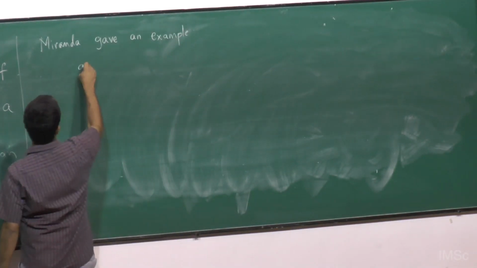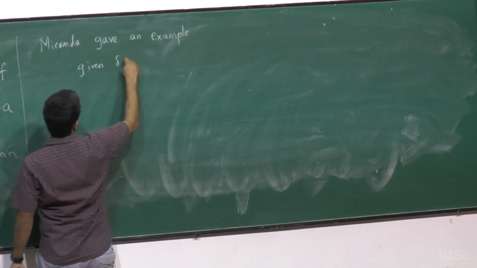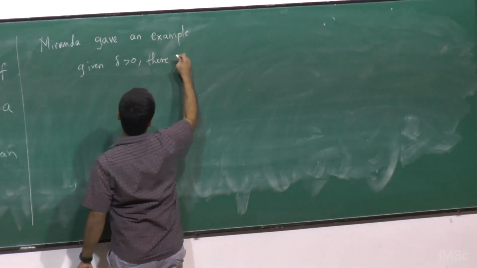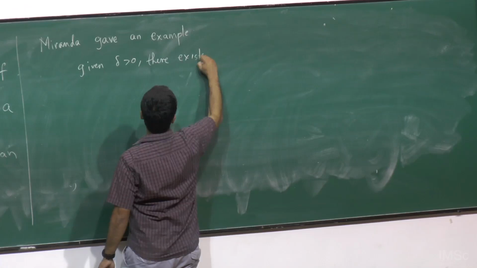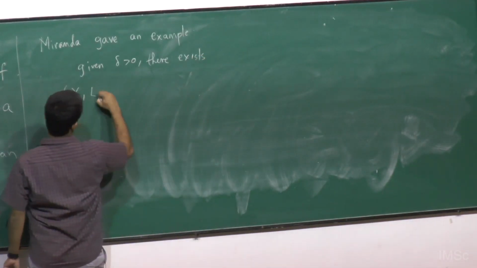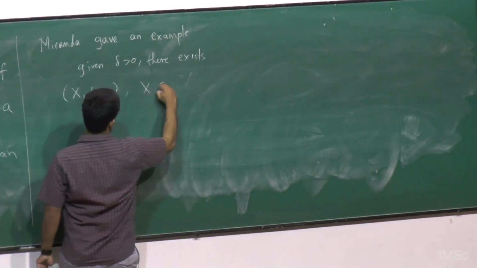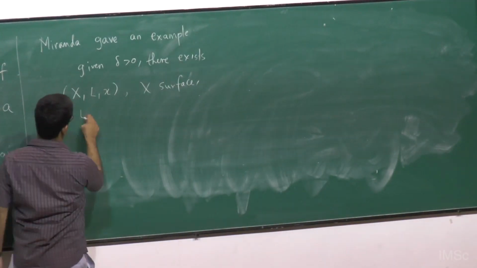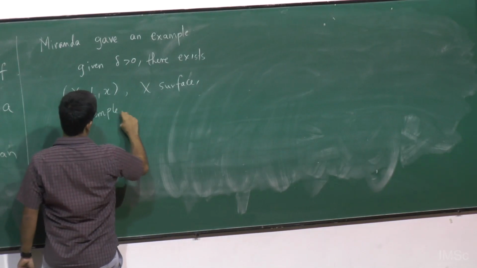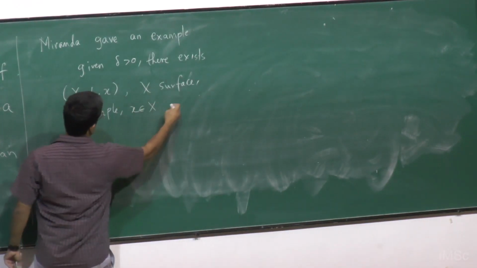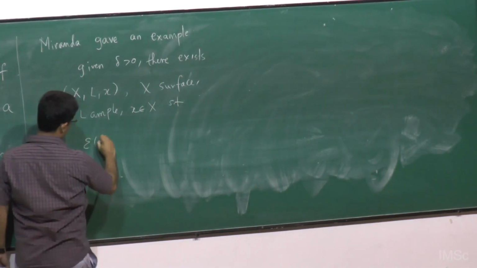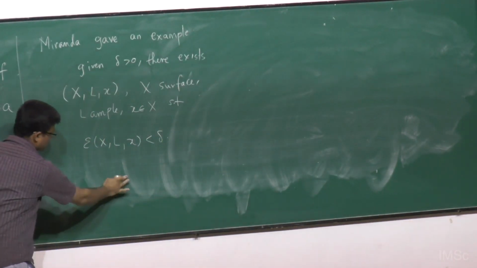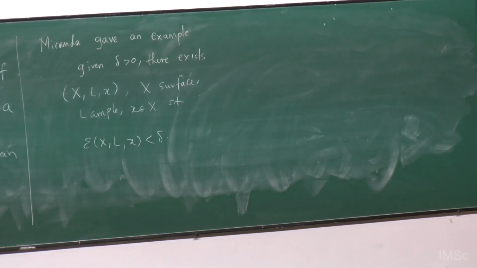Given any positive real number delta, there exists a triple (X, L, x), where X is a surface, so a two-dimensional projective variety, L is ample, such that the Seshadri constant is less than that given number.